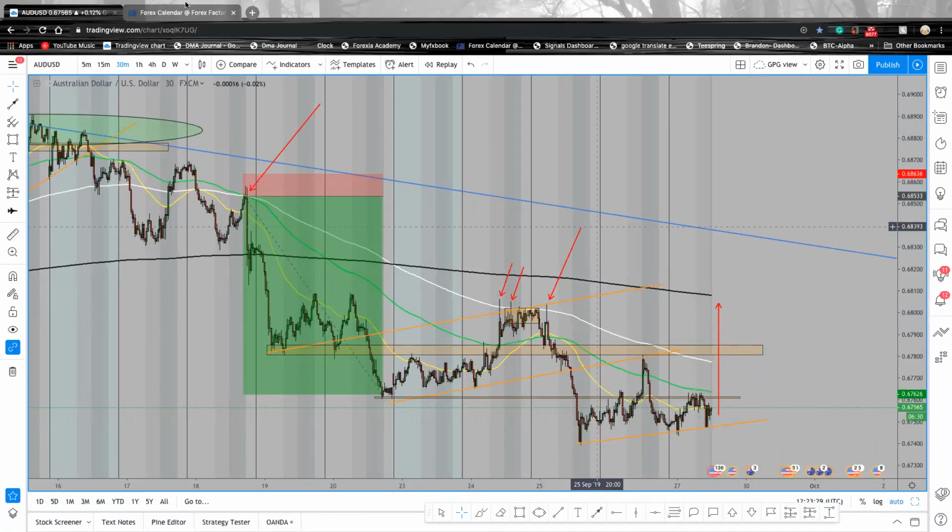Okay. So right now I'm getting correlations. I see that sellers are being trapped in AUDUSD, and I see that USDCAD is potentially going to go up. So it's kind of confirming the news analysis for me.